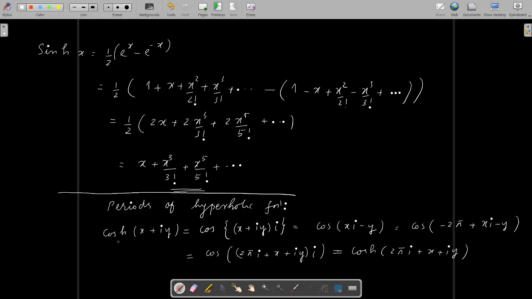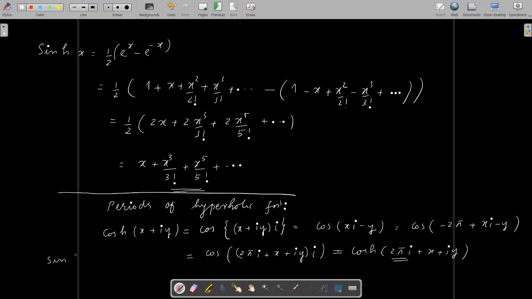Now we have proved that cos h of x plus iy is same as cos h of 2 pi i plus x plus iy. So you can consider this 2 pi i as the period of hyperbolic cos. Similarly, you can prove that the period of hyperbolic sine is also this 2 pi i.